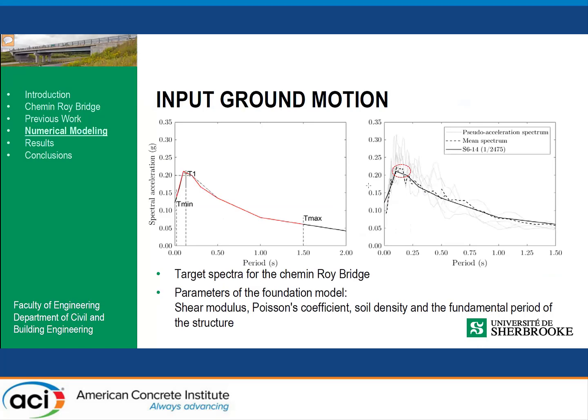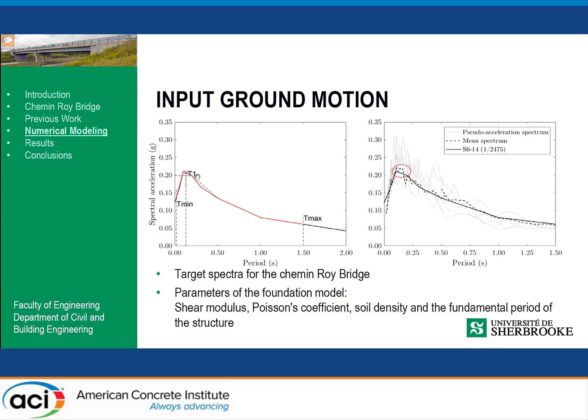We use the synthetic accelerograms according to the National Building Code of Canada 2015, which were presented by Professor Atkinson and al. The response spectra resulting from the accelerograms were calibrated on the target spectrum for a given range of periods, so really short periods.